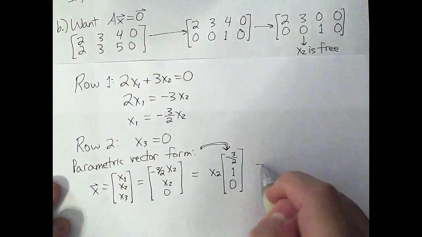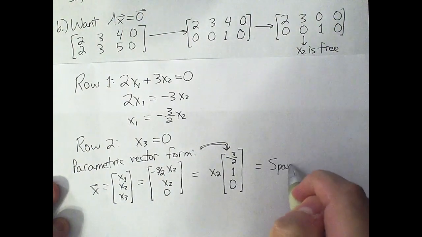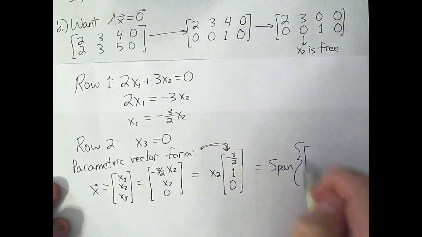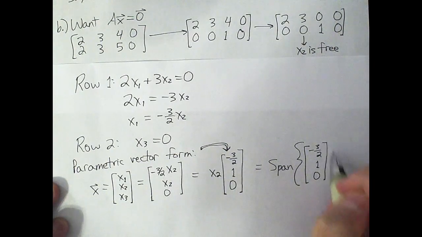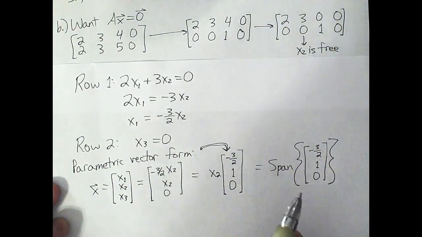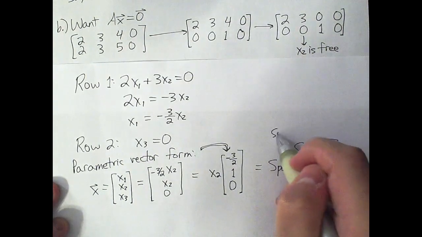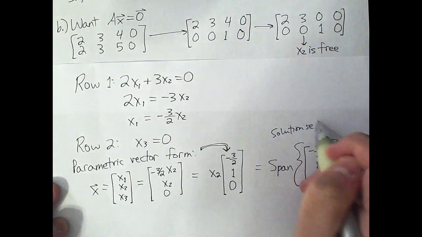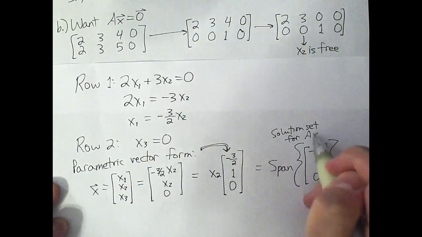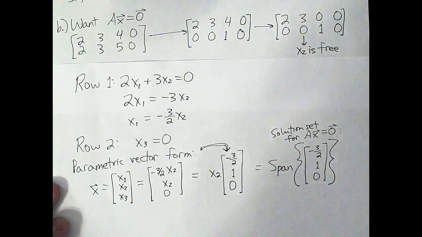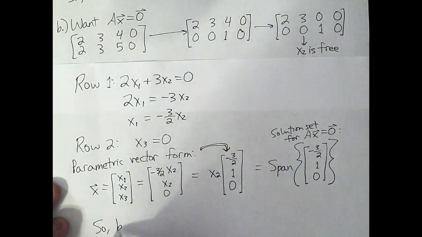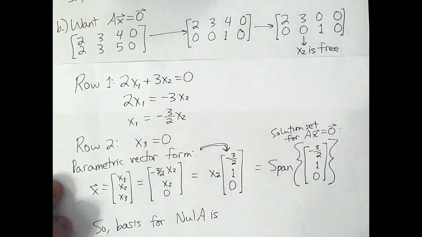All right, so the solution set is the span of this one vector. That's the solution set for Ax equals 0. Any multiple of that vector works. So a basis for Null A is, what do you want to call this?